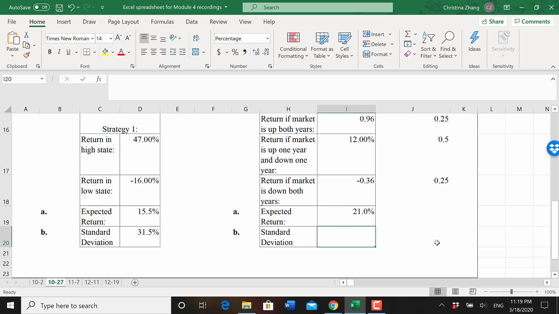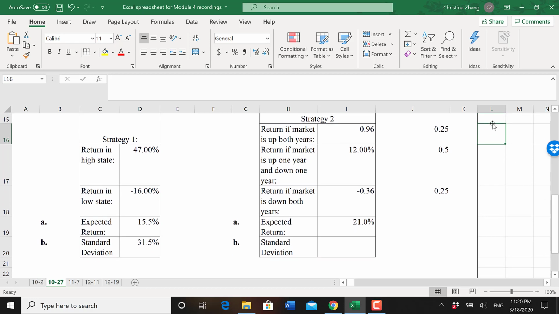Alright, so when you're calculating standard deviation, because it's not the same likelihood, you can't really use a built-in function. So we're going to try to figure out what we'll call the differences.